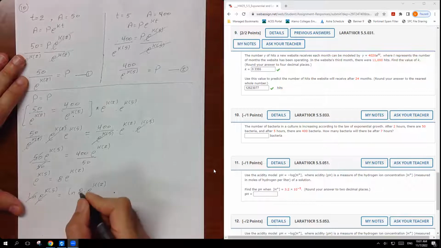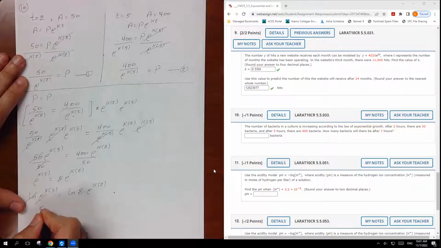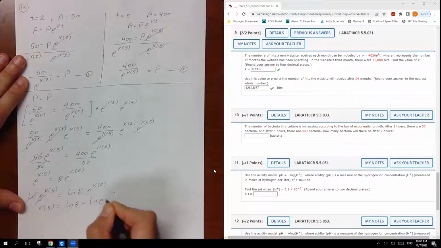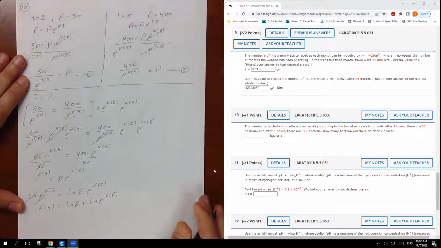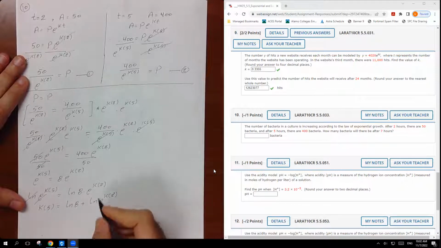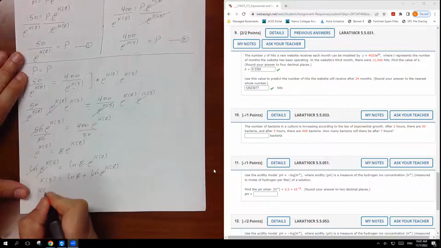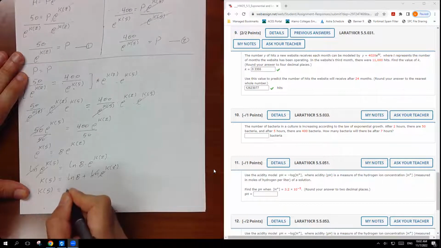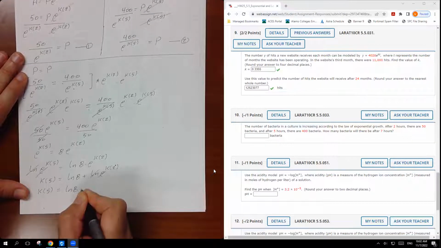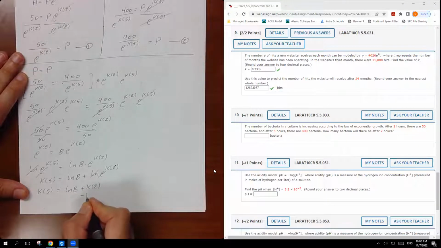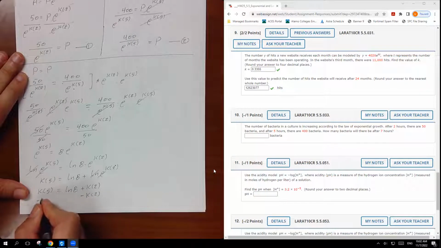By using the product rule, this side is going to be k times 5 equals ln 8 plus ln e^(k·2). Now, after using the product rule, you're going to cancel the ln with the e. So this side is going to be k times 5 equals ln 8 plus k times 2.